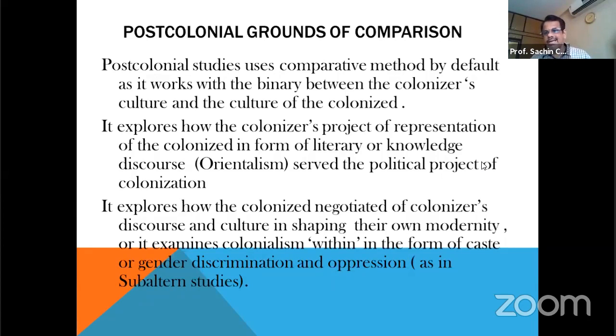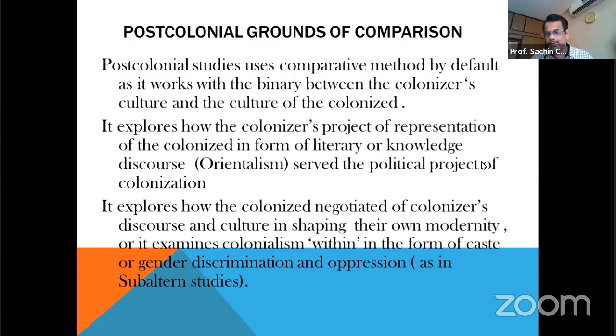So I see post-colonial studies as not something that has displaced comparative literature, but just a shift in the grounds of comparison, because post-colonial studies inevitably uses the binary between colonizers and the colonized, and two societies and two cultures.